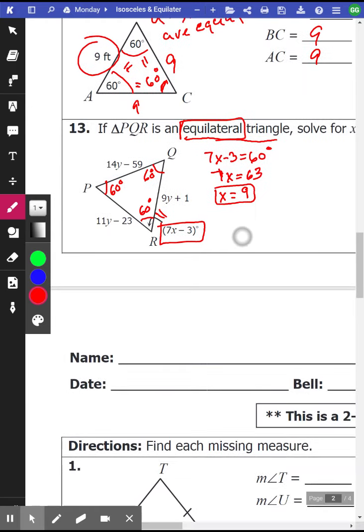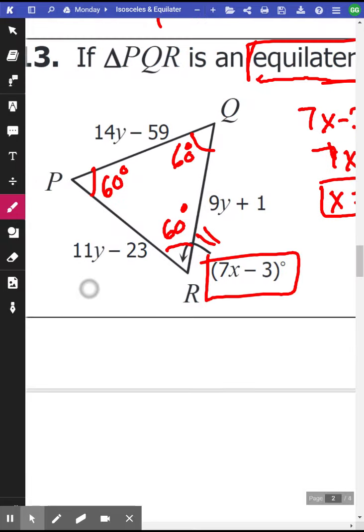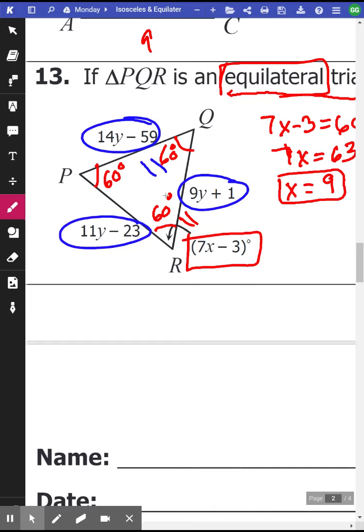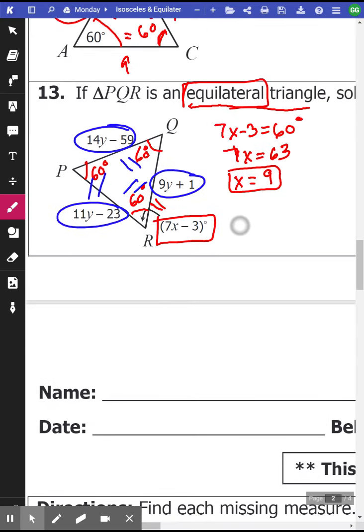All right, the next one, solving for y. Keyword equilateral. All sides are equal. So pick and choose which ones you want to do. You only need two of those.